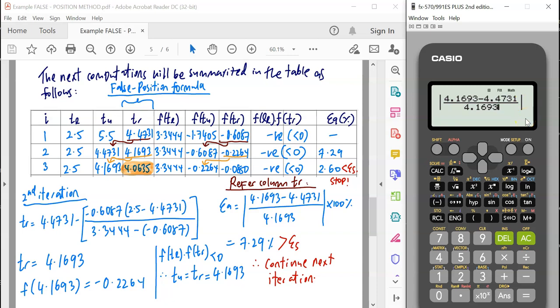Now we want to put our cursor in normal mode, so you press the right arrow at your keyboard. And then we want to multiply with 100. As I told you, no need to press percentage, as percentage is our unit. So we times with 100, and then you press equal. Now you can see that you obtain 7.2866.